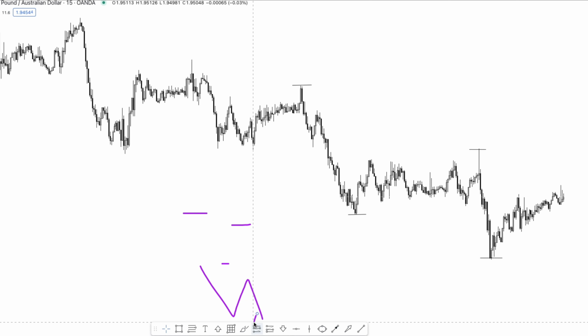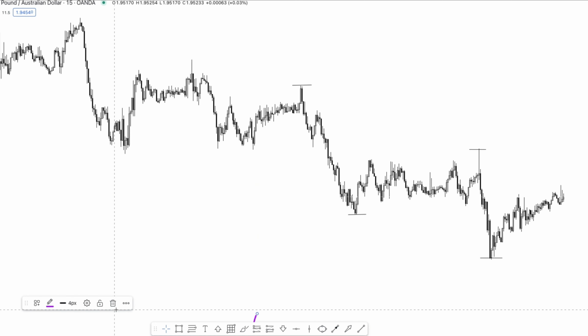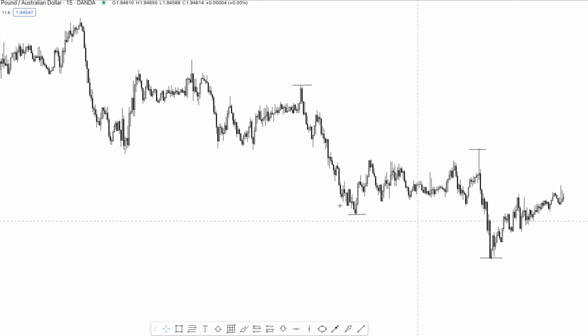You want to make sure if you're selling for profit, the low that you're writing your structure for needs to break the previous low. So you see how this current low right here broke the previous low? We always need to see lows breaking lows when we're selling, and we need to see highs breaking highs, okay?